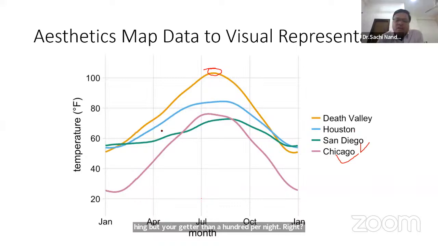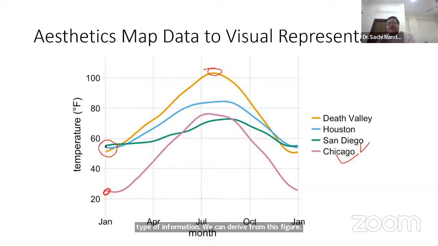Similarly, another interpretation: in the month of January, in Chicago the temperature is very low, around 20 Fahrenheit. But in the same month of January, other than Chicago, Death Valley, Houston, and San Diego have more or less the same temperature, maybe 50 to 58. So this type of information we can retrieve from this figure. This is called data visualization.